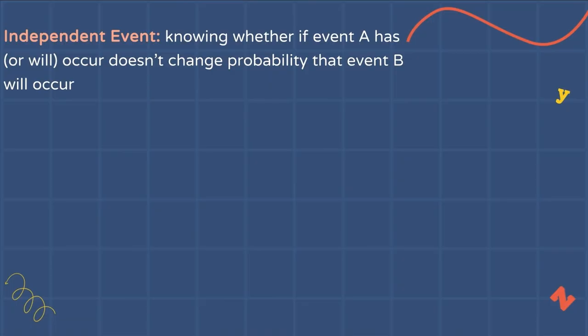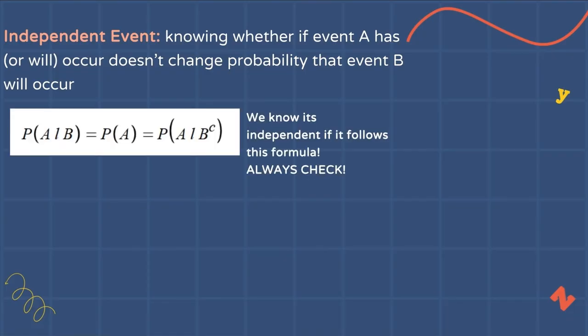Independent events: knowing whether event A has or will occur doesn't change the probability that event B will occur. So we need this formula. Remember this, because if you're asked to, you always have to check independence. This is how you check independence. Even if you feel like it is independent, you still have to check.